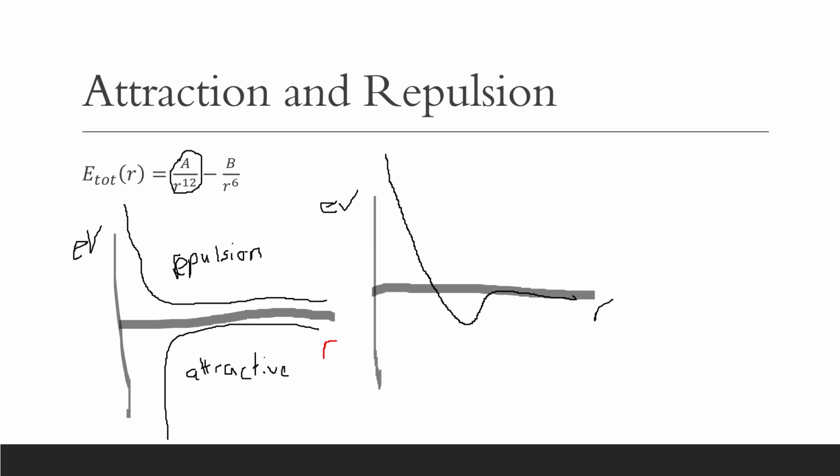I could draw it a little bit better, so I'll do it again. Repulsion, repulsion, repulsion, equilibrium, down towards attraction. It's going to attract, then stay in the negative and go all the way to 0. And that is what your Nike function actually looks like.